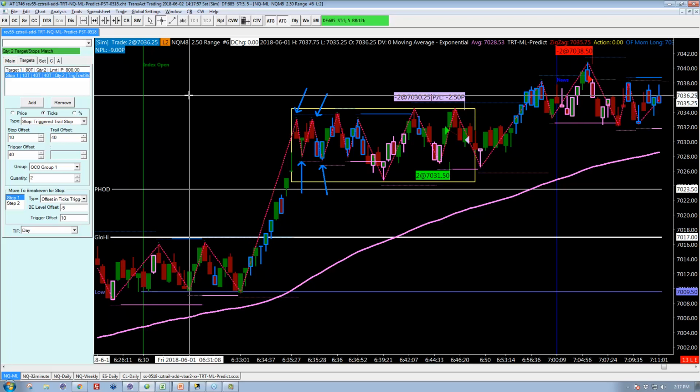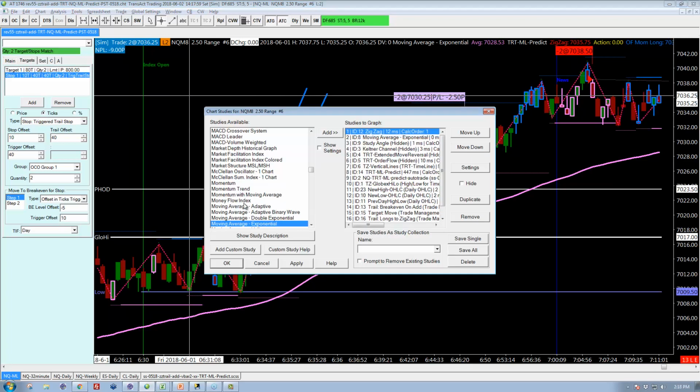So Michael's using, for those of you that might be interested in it, highest high, lowest low over n bars. What this does is it defines over the last n number of bars, so you have to tell it 3, 4, 5, 6, 8 bars, give me the highest high and the lowest low.